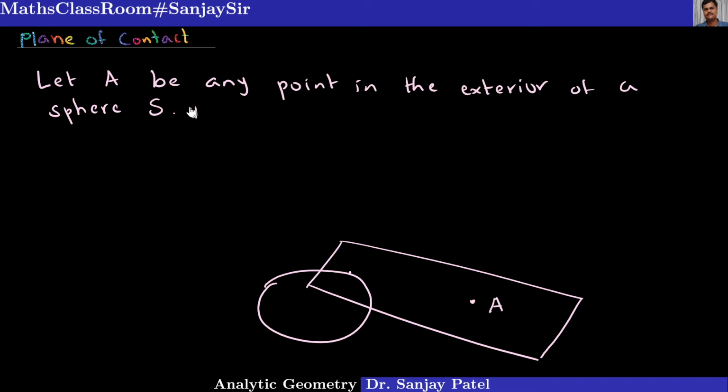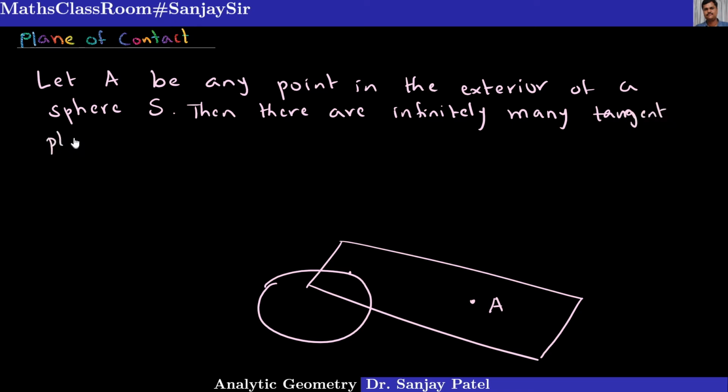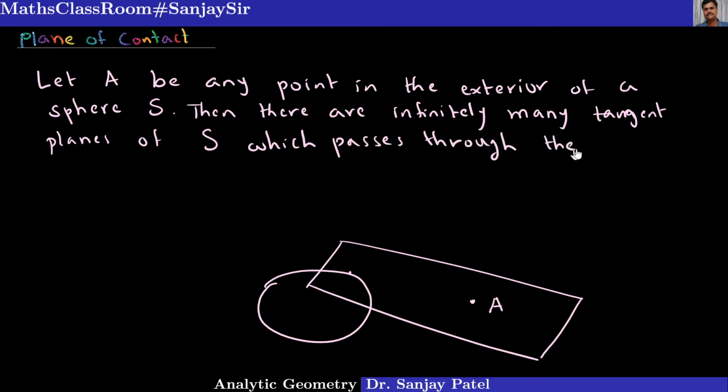Okay. Then there are infinitely many tangent planes of the sphere S which passes through the exterior point A. Okay, and since all the tangent planes, so we can draw another tangent plane like this.